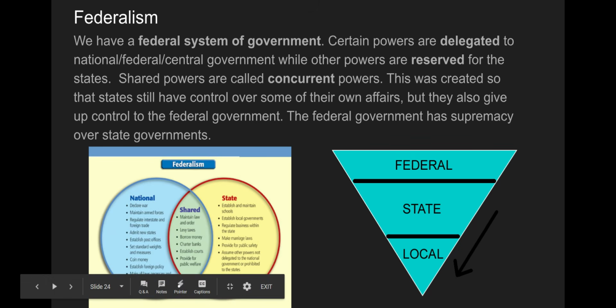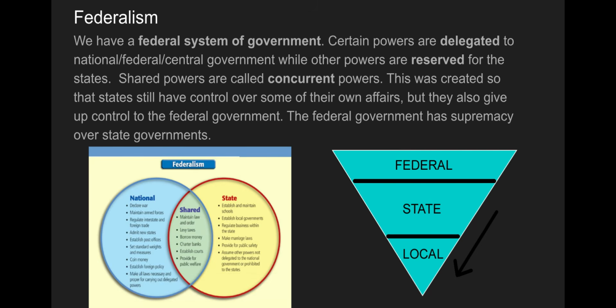We also have an important principle called federalism, also called a federal system of government. Certain powers are delegated to the national, also called the federal, also called the central government. They have delegated powers specifically given to them. However, all other powers are reserved.